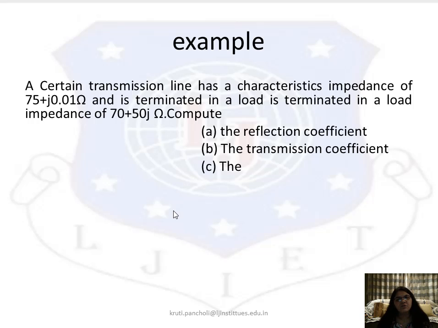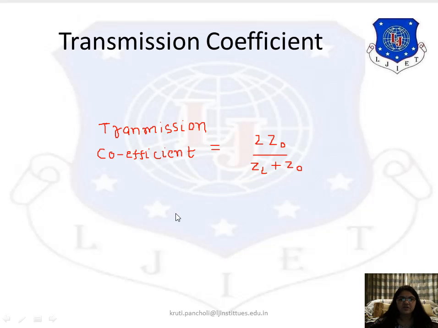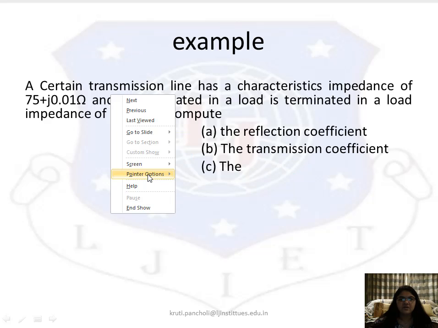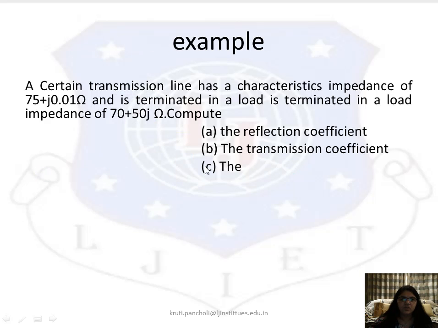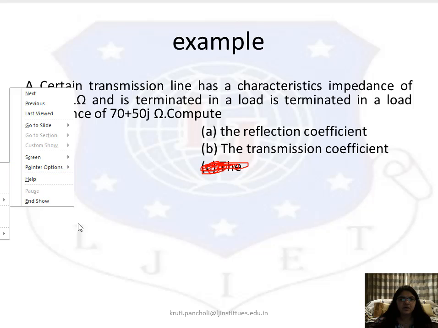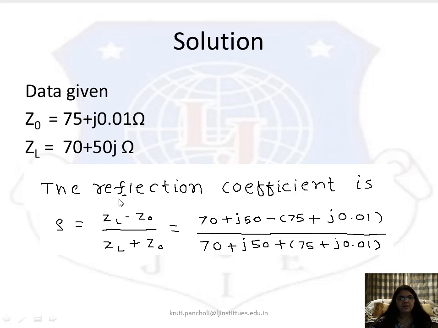We need to find the reflection coefficient and the transmission coefficient. The data given to us is Z0 equal to 75 plus J 0.01 ohm, and ZL equal to 70 plus 50J ohm.